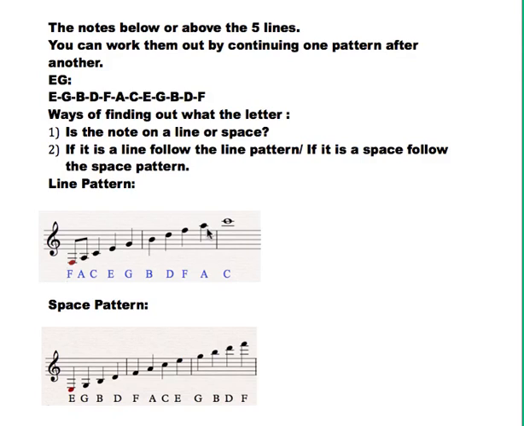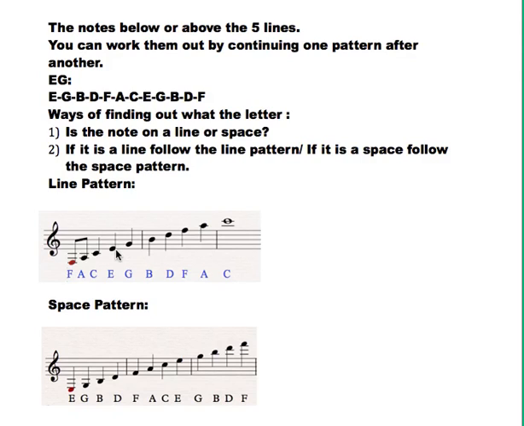Now how do we work out the letters that are below the 5 lines? For example, if we want to know what this letter is that has a line going through it, we again have to start from the letter pattern that starts on the line, which is E, the first line, Every. Then we need to make sure we go backwards.